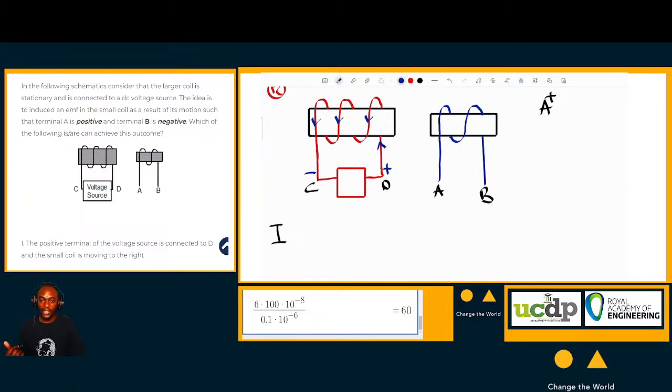Now, just to check that you guys are following what we did in the previous question, now that we have identified our direction of current on the solenoid, can you please tell me the direction of the magnetic field on the loop on the left? What will be the direction of the magnetic field there?